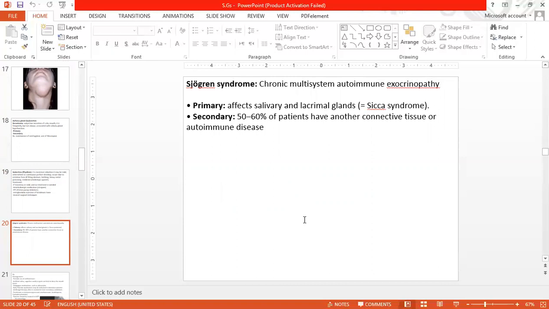The primary one affects the salivary glands, and it's called Sjogren syndrome. Those patients have dry mouth and dry eye. Or it may be secondary, due to another connective tissue disease, for example, rheumatoid arthritis or systemic lupus erythematosus.